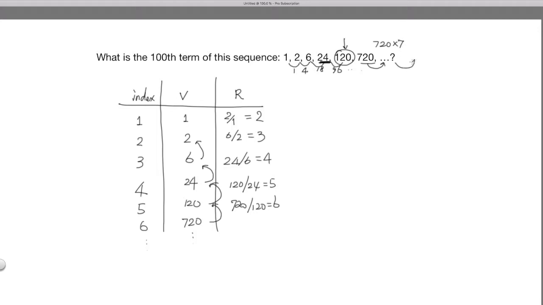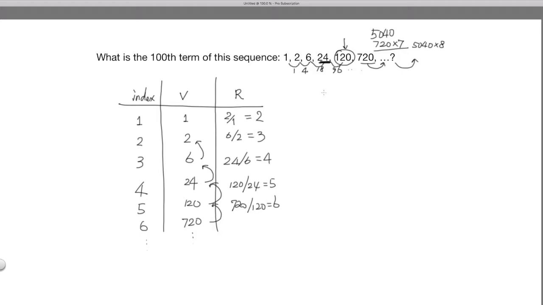And the next term will be, let's say this value is 5040, then 5040 times 8. So we find the pattern is that the next term equals the current term times the index value for the next term.